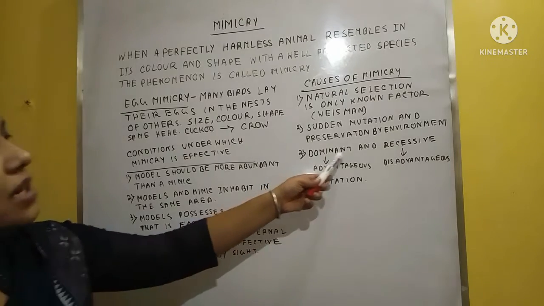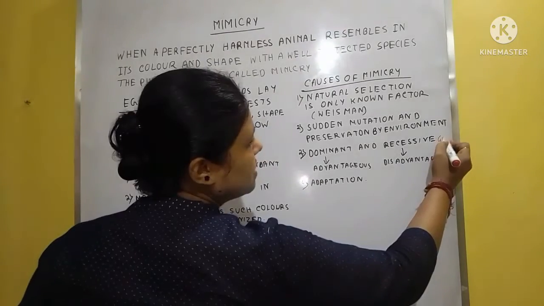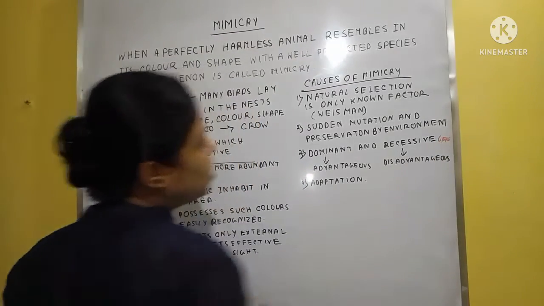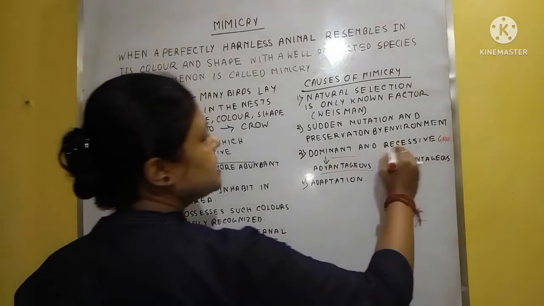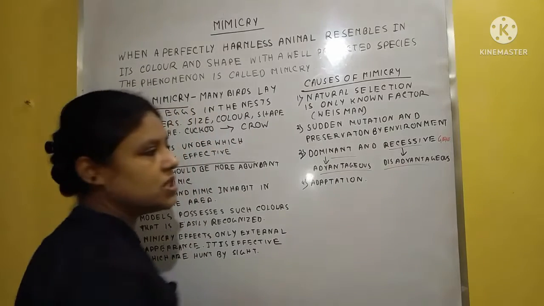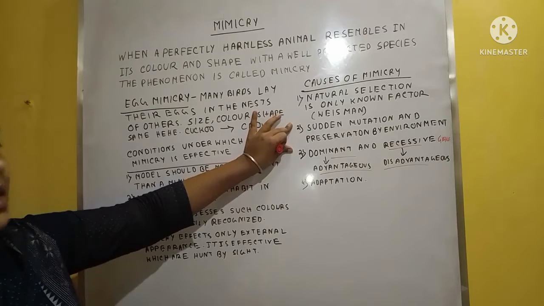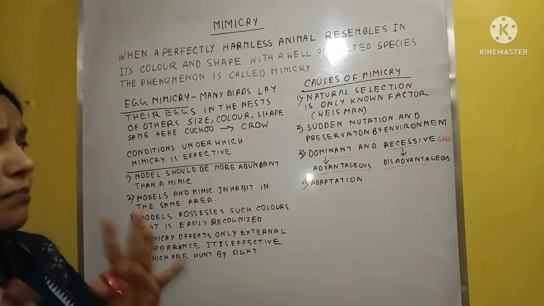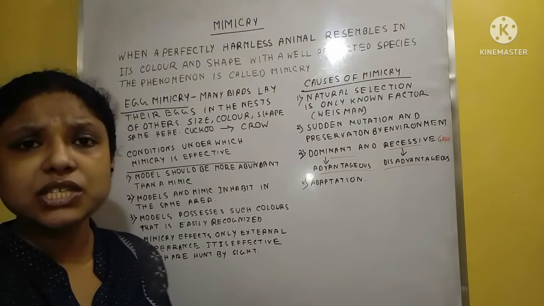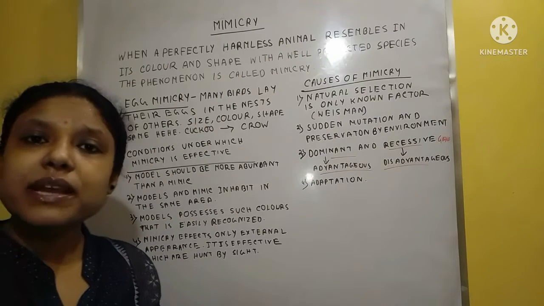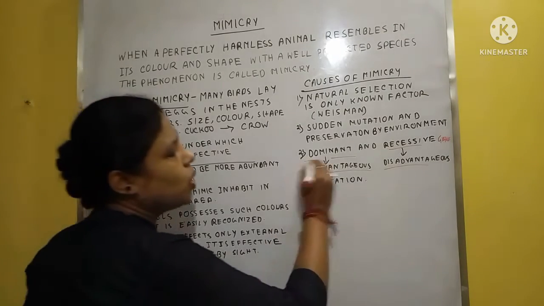Second one, you can say, is the dominant and the recessive genes. The dominant gene is very advantageous, and the recessive gene is disadvantageous. Suppose sudden mutation is occurring and the gene that develops within the individual's body is very advantageous, then this gene remains within the animal's body as the dominant gene.